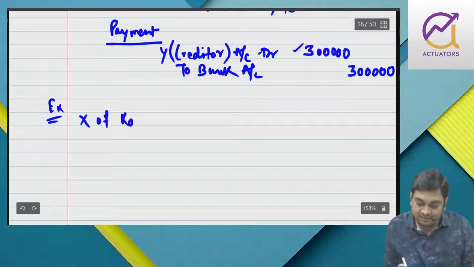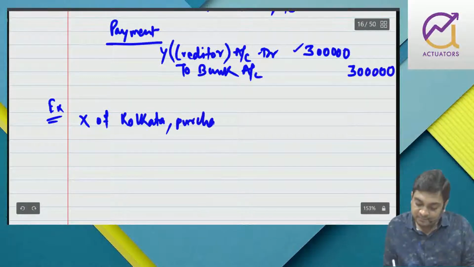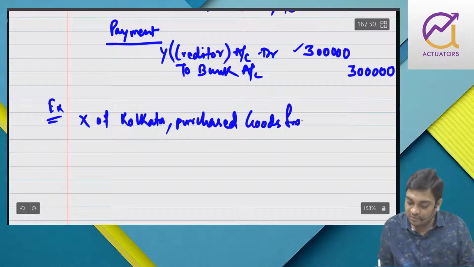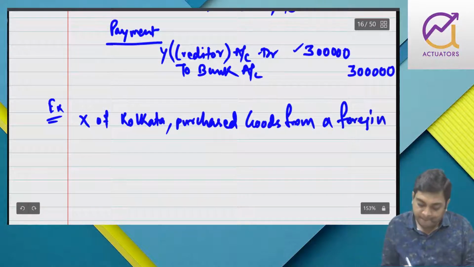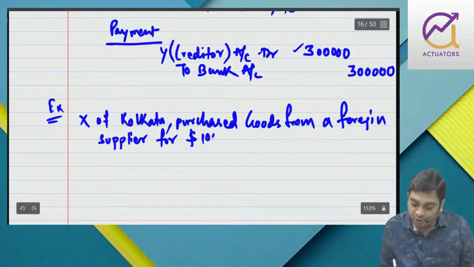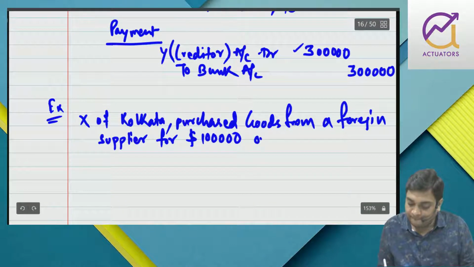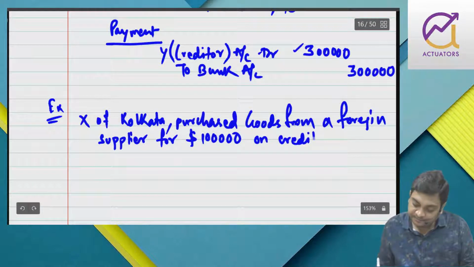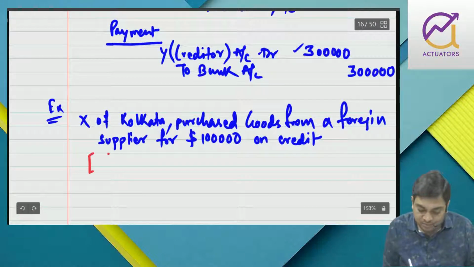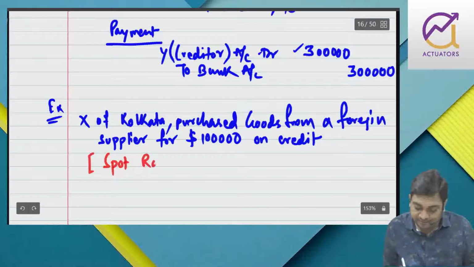X of Kolkata purchased goods from a foreign supplier for dollar 1 lakh on credit. Now in the question they will give you the spot rate.